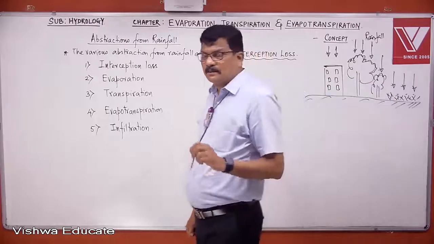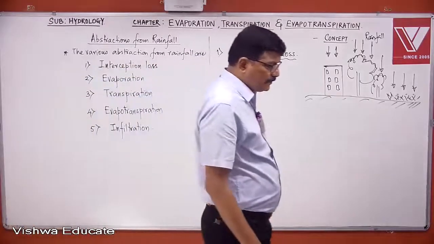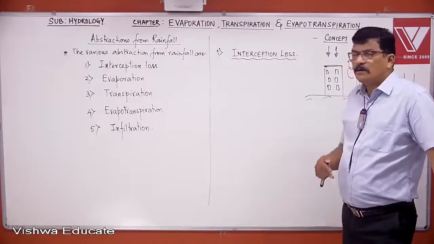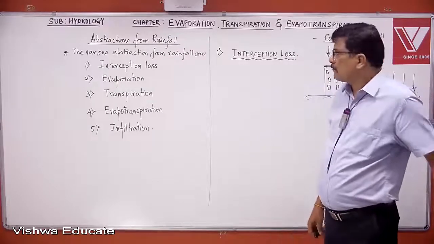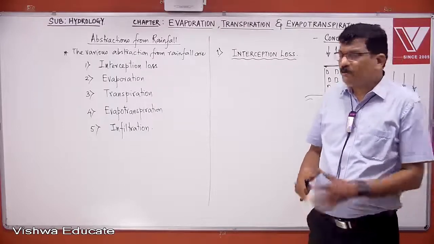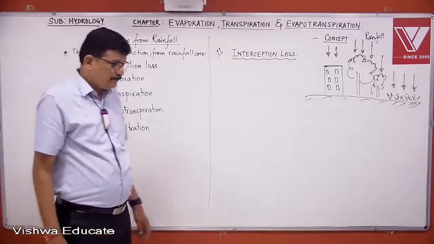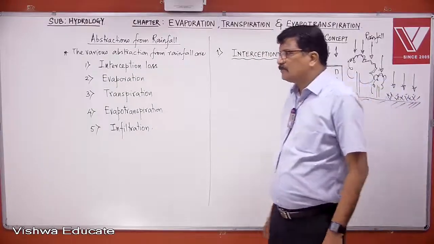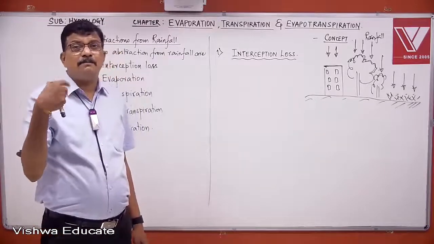The rain that is intercepted by tall objects such as buildings, trees, etc., along with the vegetation, does not reach the ground, and is evaporated back to the atmosphere.